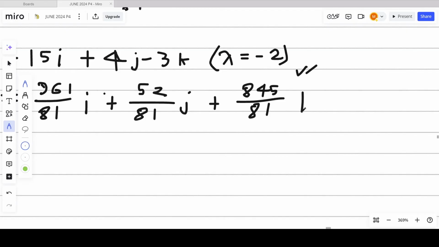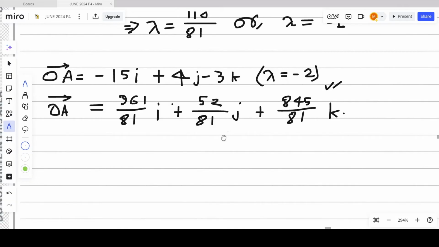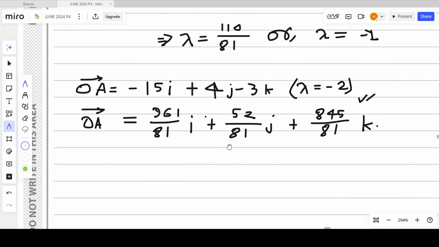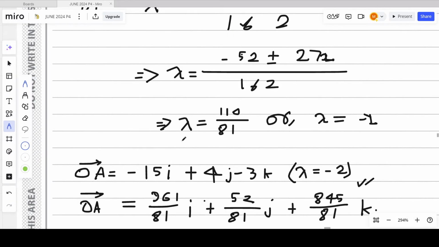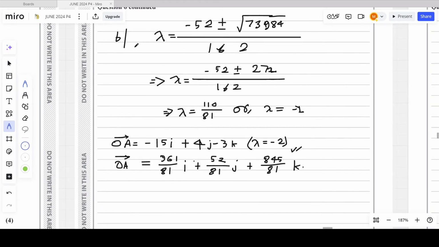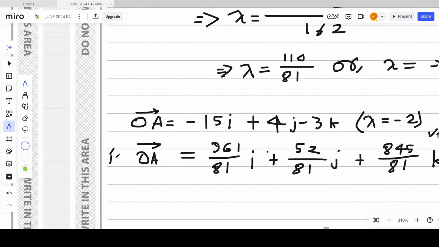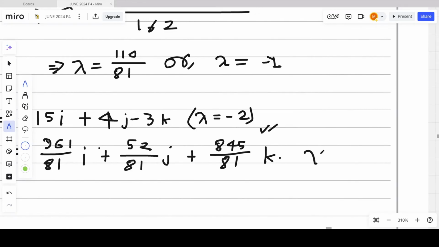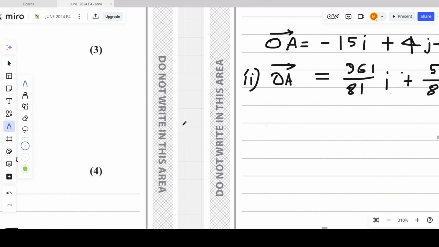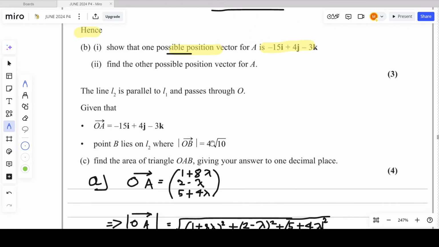This is the k component. Done. So this is the answer for part 1 and part 2. Okay, this is B1 and this is B2. Done. So this is when lambda equals 110 over 81. Okay, that's it. Next part is what they have asked in the next question.